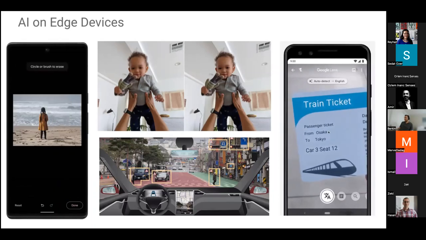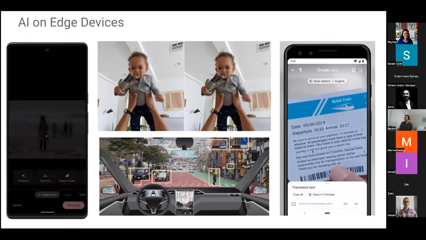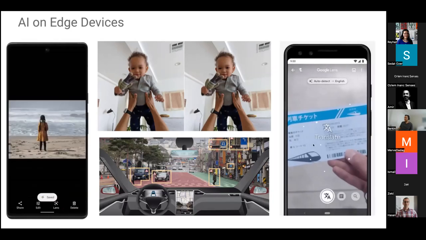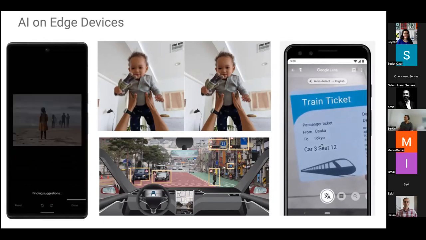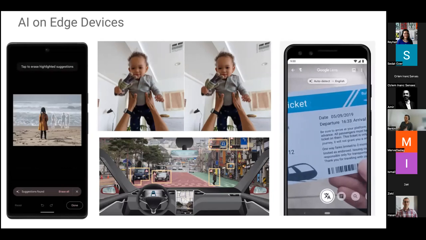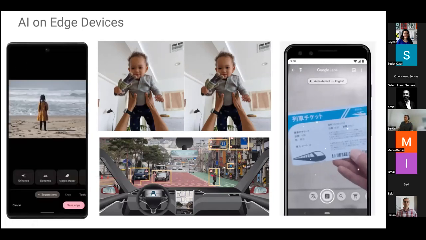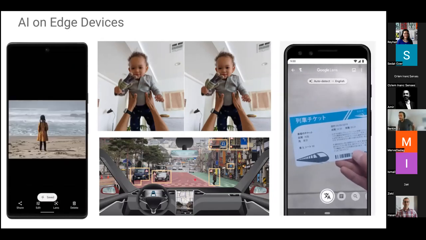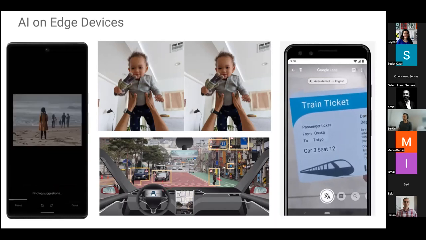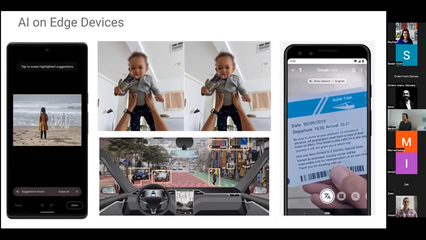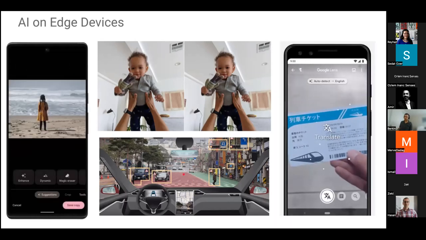Another example: let's say you have a ticket written in some language, and you can live translate it in real time, detect the text and replace it with the other language. Or, in the middle, autonomous driving, where we have to detect other cars, pedestrians, and signs, right? So all this AI is needed for edge devices.